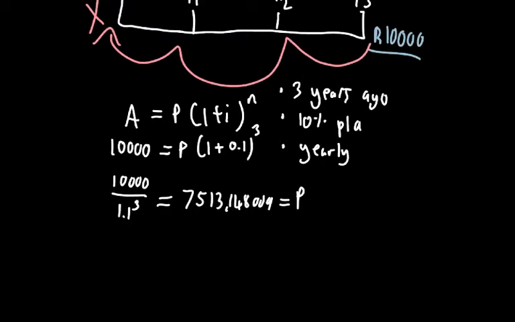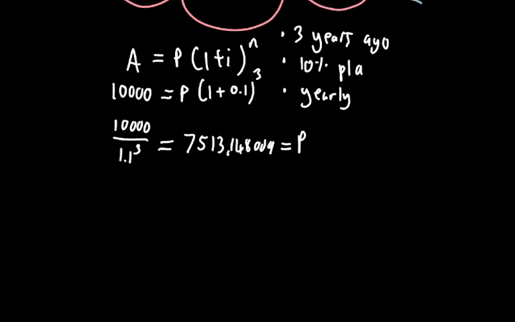Now, we sometimes use a slightly different notation in matric, but it's the same idea as the grade 11 method that we've just shown you. So we could rewrite the formula that I used for this in a slightly different way. What we could do is replace the A with FV, which is the future value, and we could replace the P with PV, which is present value.